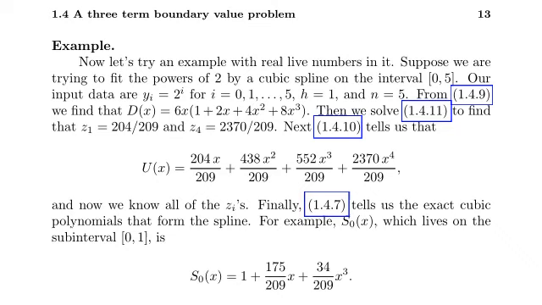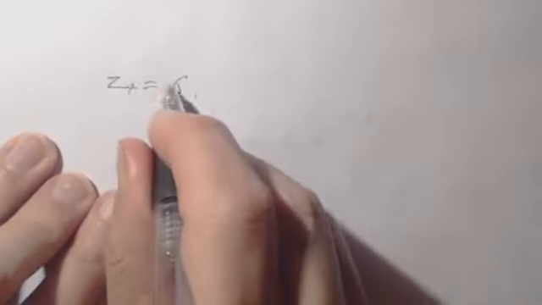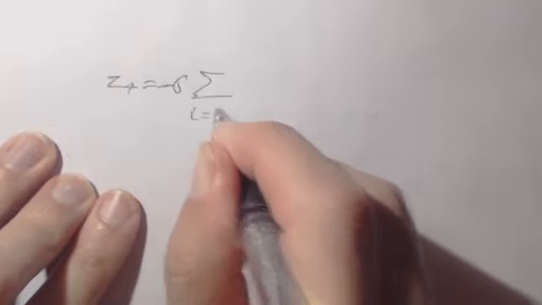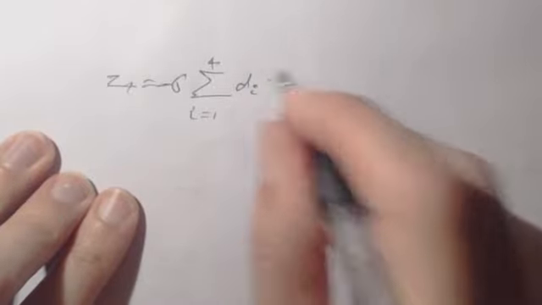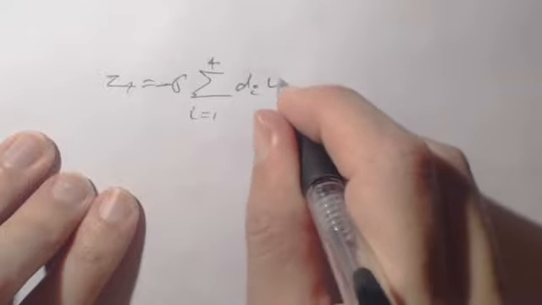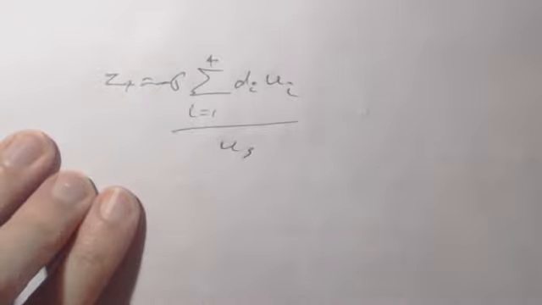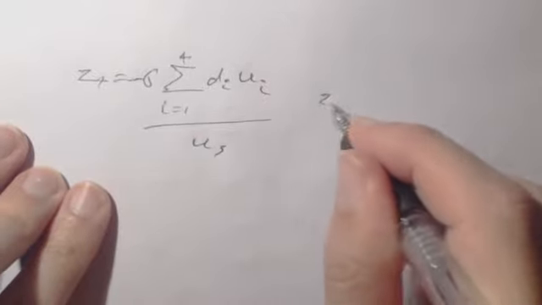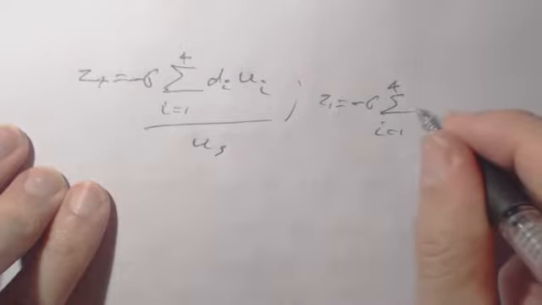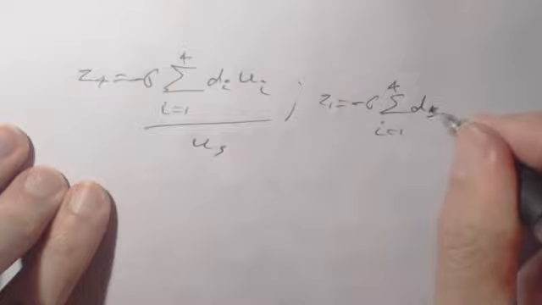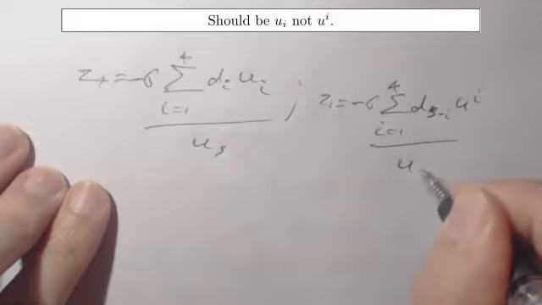So for instance, Z4 was minus 6 times the sum from 1 to 4 of di times ui over u5, and Z1 was equal to minus 6 times the sum from i equals 1 to 4 of d5 minus i times ui over u5.